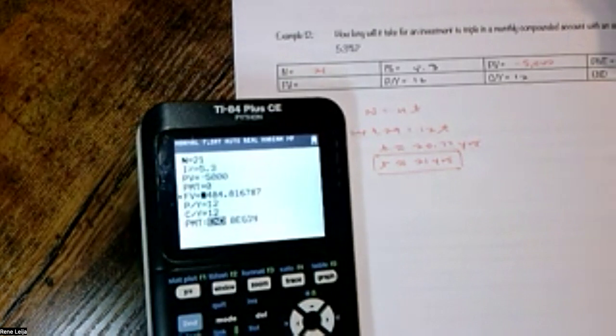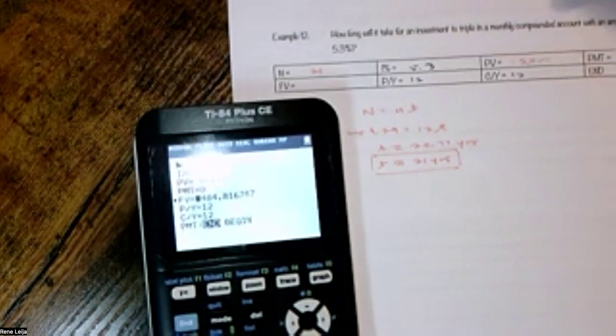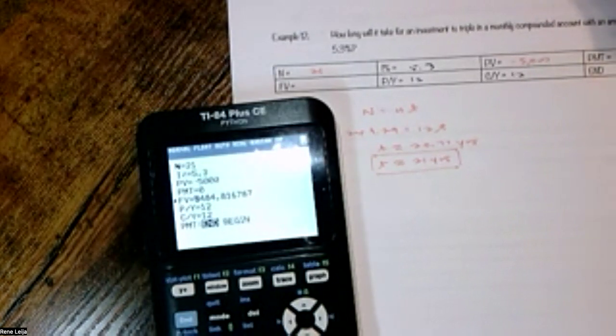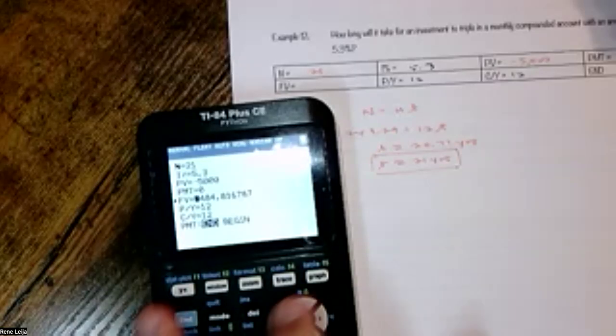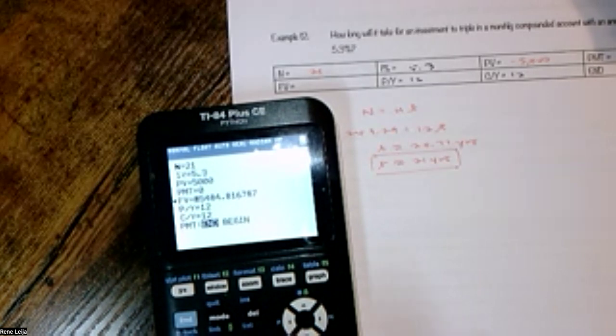What happened? No, I did this the other day. I did this in class and it worked. I don't know what happened. I don't think this is it. No, something's not right.